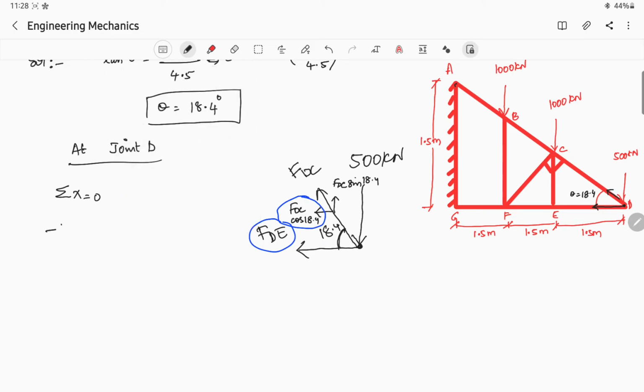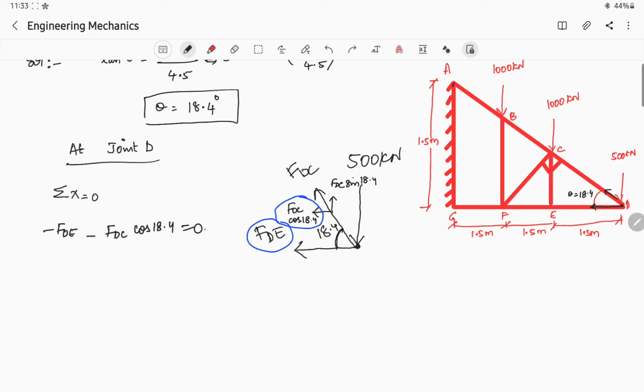So minus FDE minus FDC cos 18.4 is equal to 0. Can we solve this further? We can't, because we don't know the force in member DE nor the force in member DC. So we'll name this equation number 1.